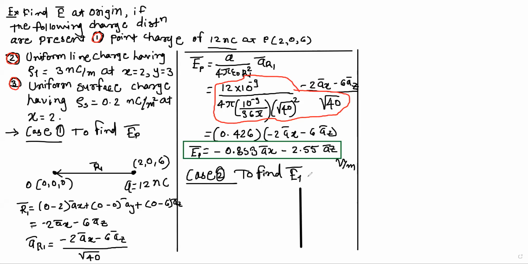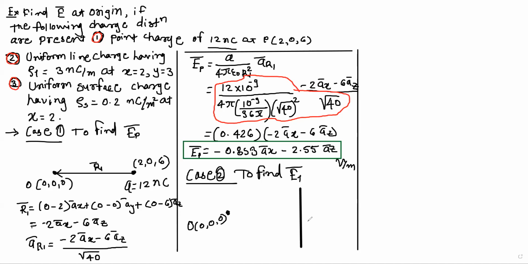And you have the point where you want the electric field intensity, somewhere here at origin. For a while, let us not think of where the origin would be located on the three dimensional coordinate axis. Just have a simple diagram. On one side you show the origin, and on the other side the line charge. So this is the origin, coordinates are 0, 0, 0, and you have a line charge somewhere here.